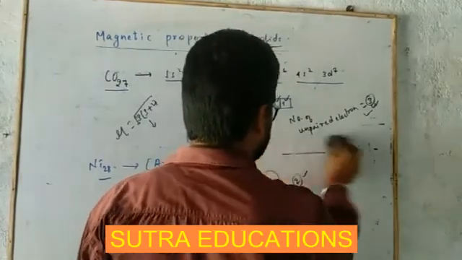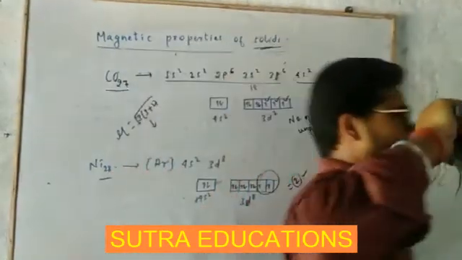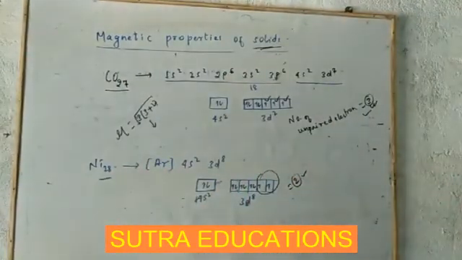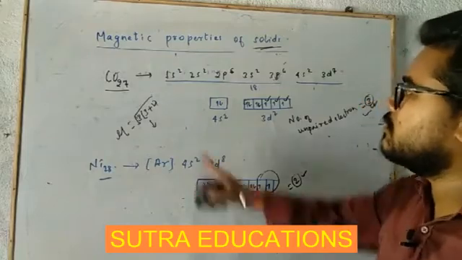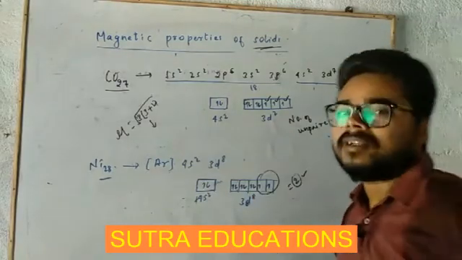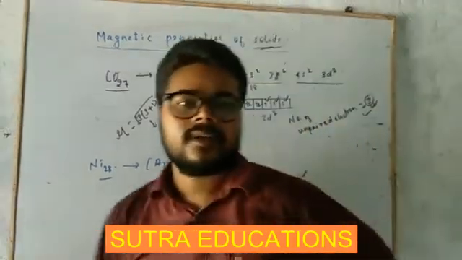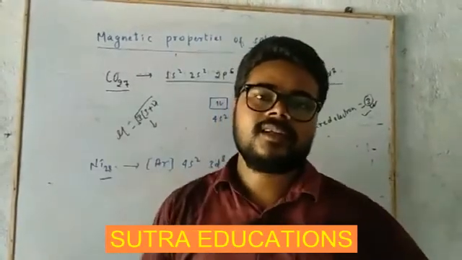Don't do this, because here MOT, molecular orbital theory, is used. So don't get confused. You can do it by yourself. The species having unpaired electrons will show paramagnetic behavior.